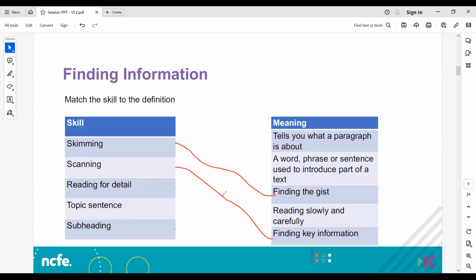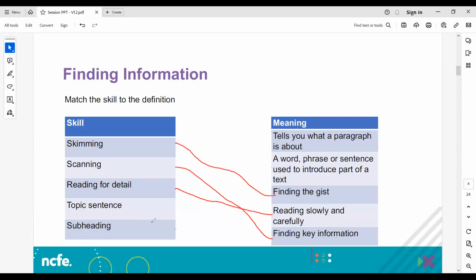So reading for detail, what's the definition of that? It's reading slowly and carefully. Excellent, good. The topic sentence, where would you find that, or what does it do? What does a topic sentence do? Telling you what the paragraph is all about.